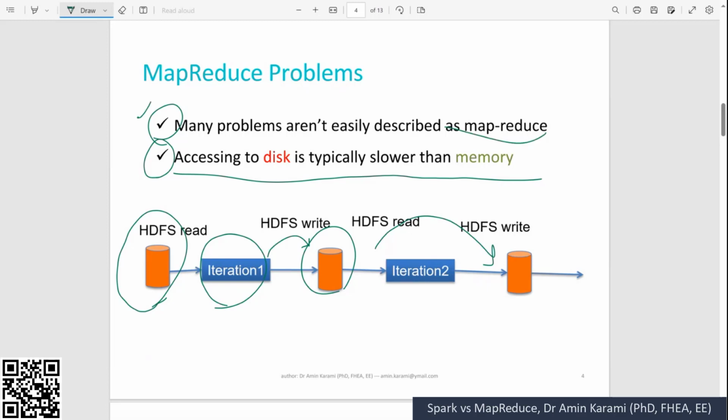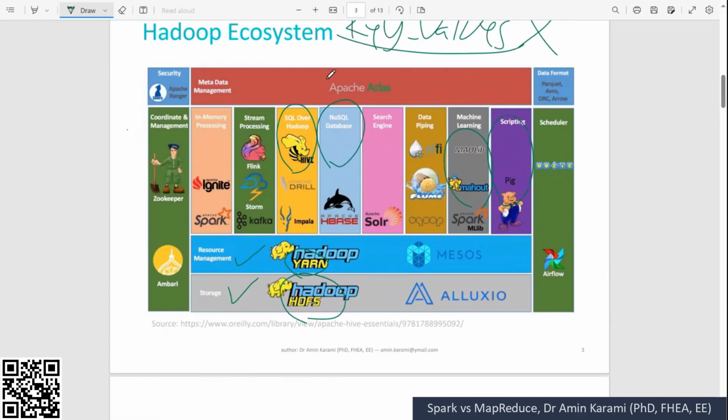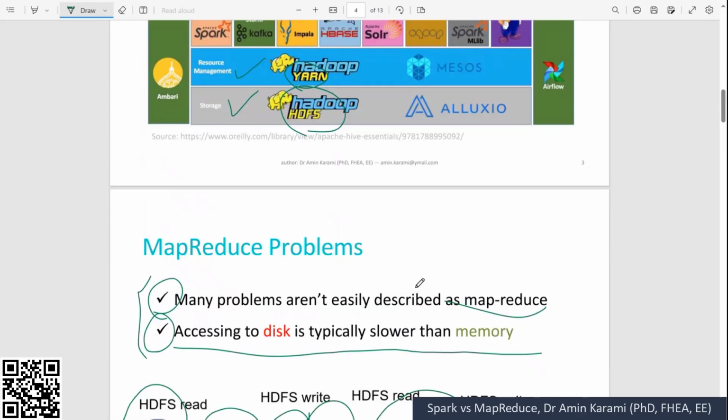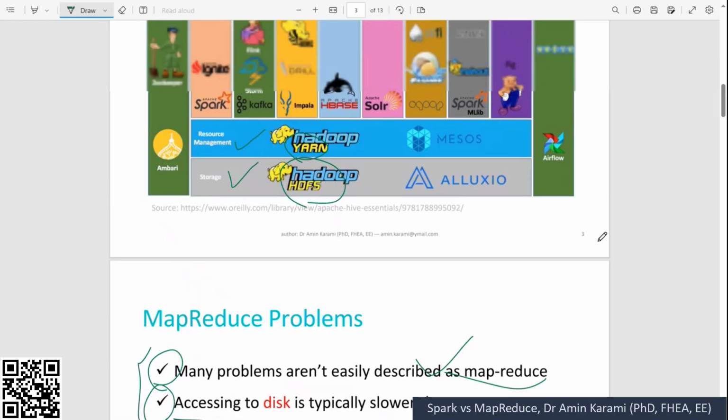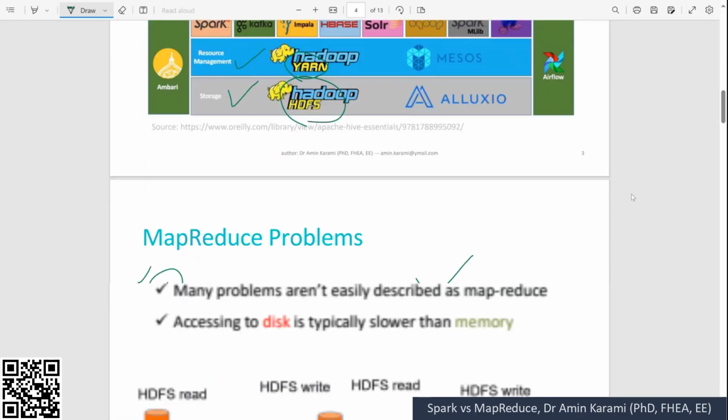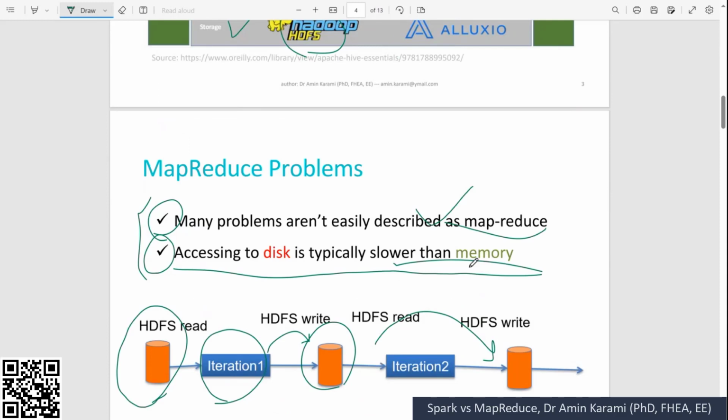So we have these two processing problems in the Hadoop ecosystem. In spite of having this ecosystem that is going to make the first one easier for us, still the second problem is there. We still need to think about how to manage the second problem.